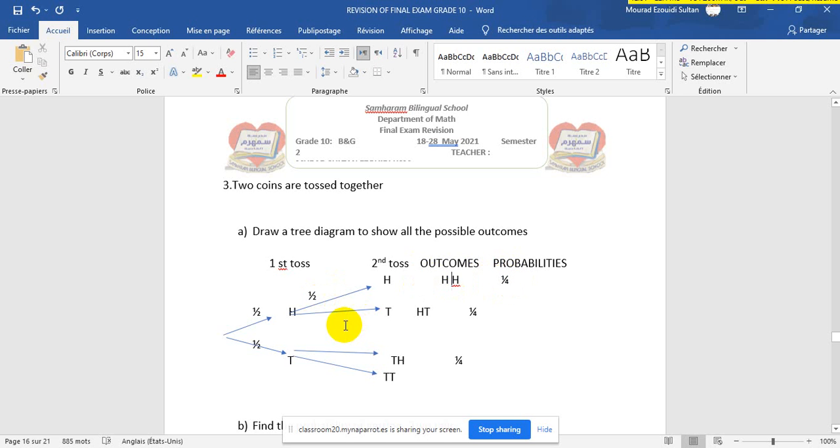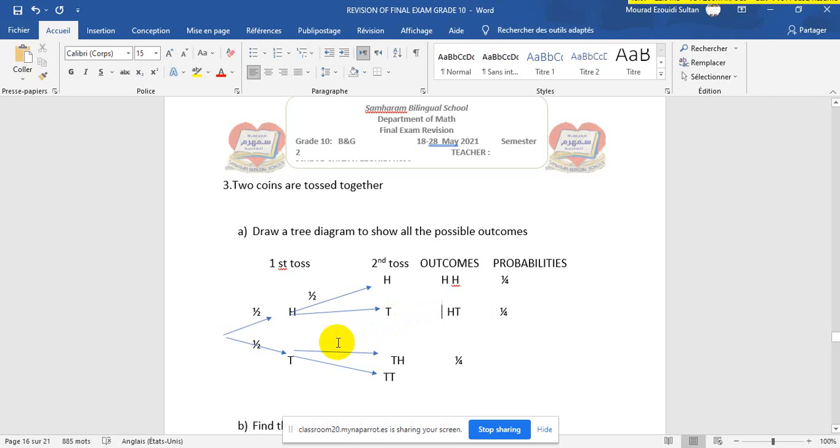The second step: maybe in the first toss I will get a head and in the second toss I will get a tail. So the outcome is head, tail.